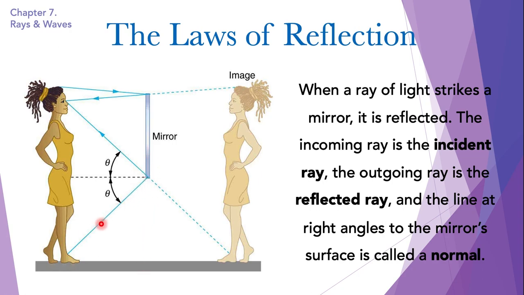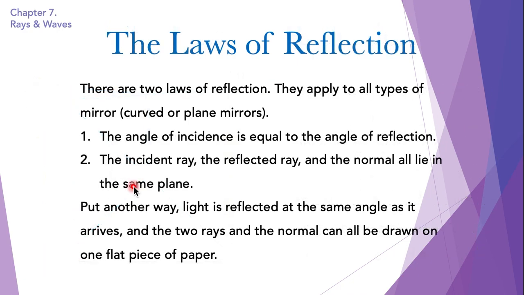So the plane at which the incident ray strikes and gets reflected is the plane on which all of these rays lie. Put another way, light is reflected at the same angle as it arrives, and the two rays and the normal can all be drawn on one flat piece of paper.